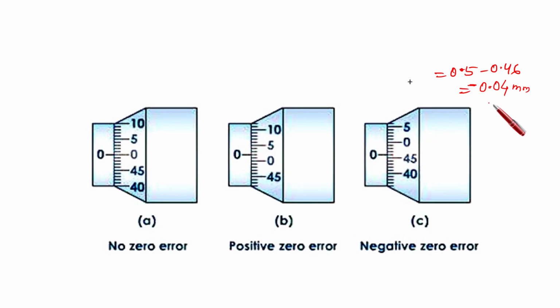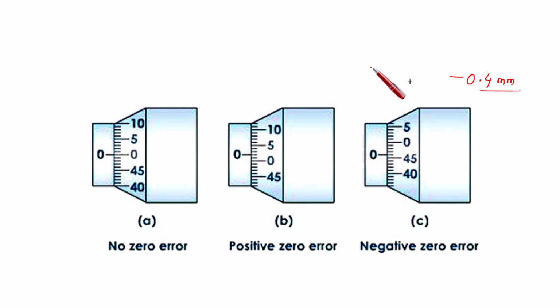Okay, you can understand in this way also, like this is 0, so how much back it is, that much negative it will be. So this is 0 error.